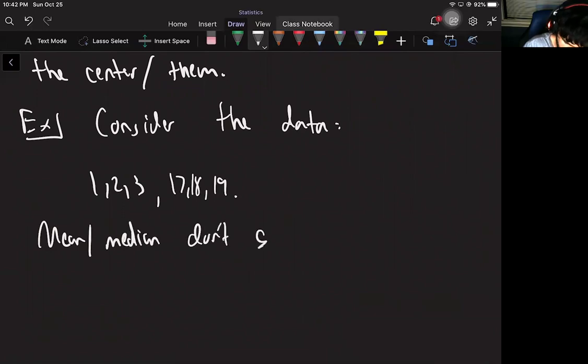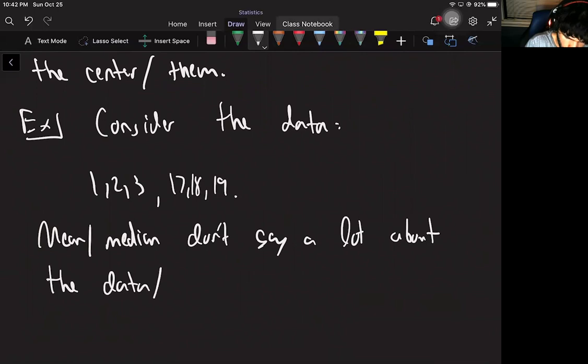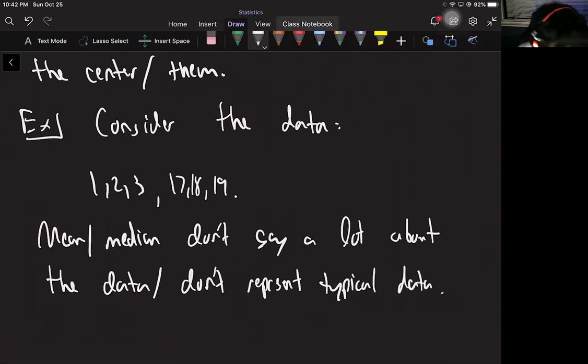They don't say a lot. They don't represent it. And that's because the numbers are not actually near the mean or the median.